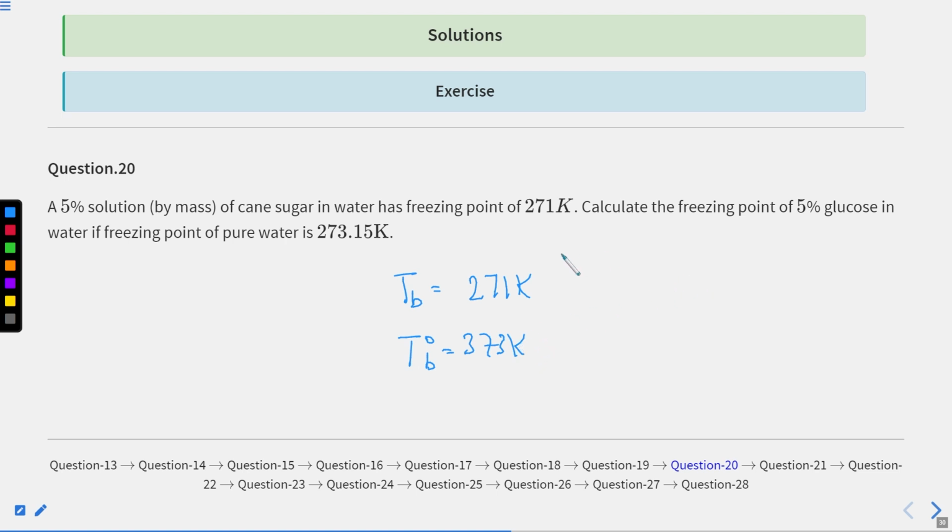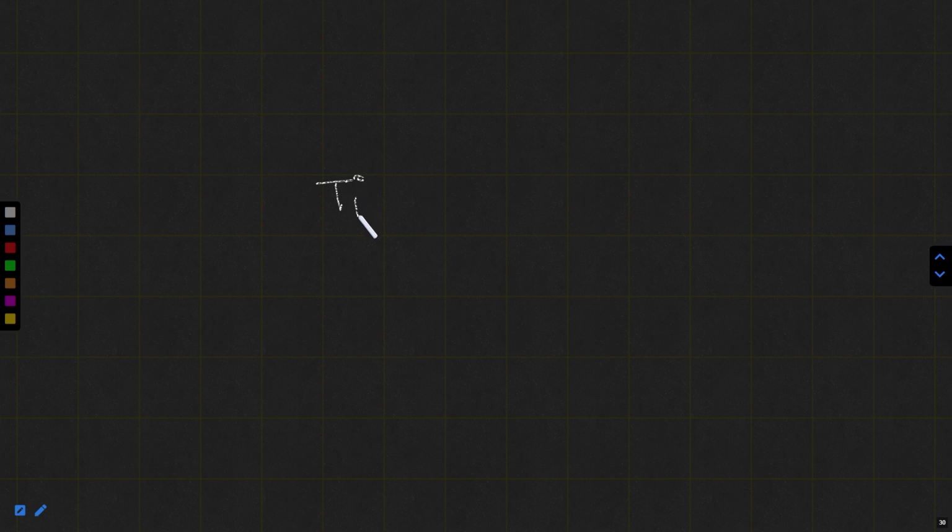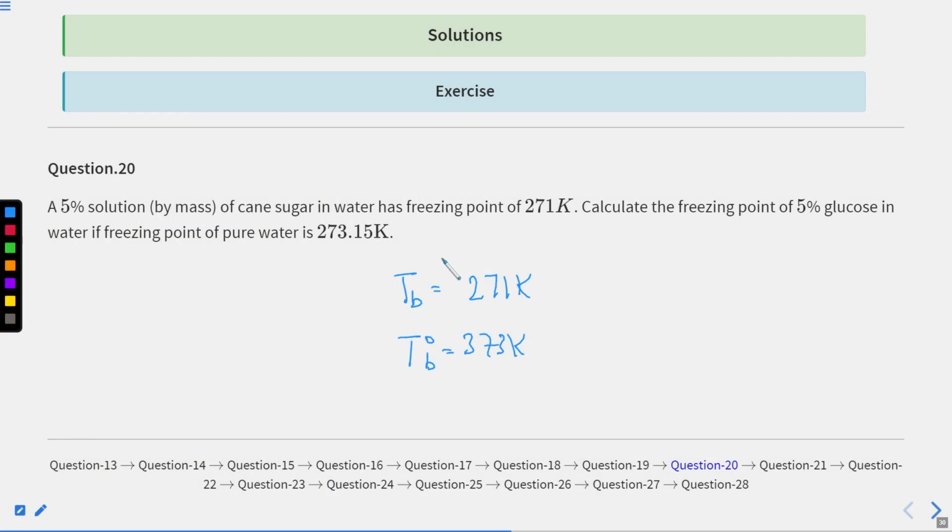So we have to calculate the value of Kf from here. That would be T naught minus T is equal to Kf m, where m is the molality.